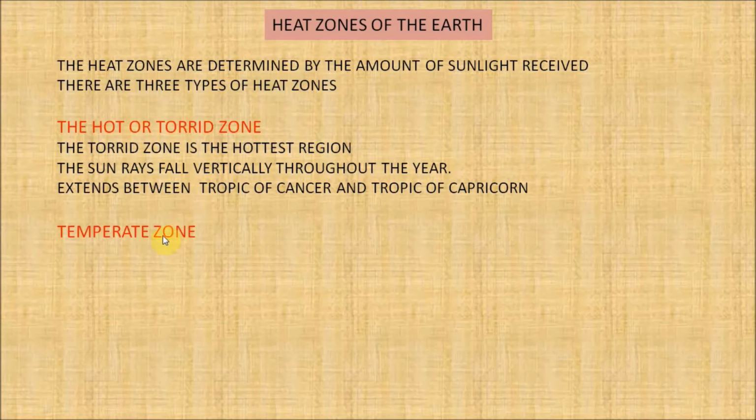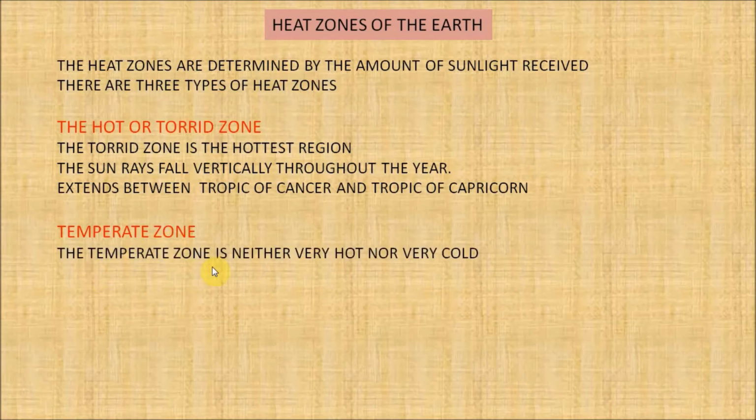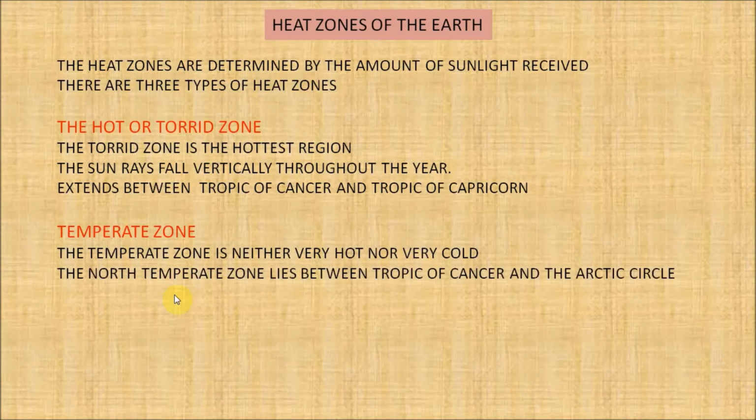Now let's look at another zone, that is the temperate zone. The temperate zone is neither very hot nor very cold. This zone is again found in both hemispheres. The north temperate zone lies between the Tropic of Cancer, that is 23.5 degrees north, and the Arctic Circle, that is 66.5 degrees north in the northern hemisphere.